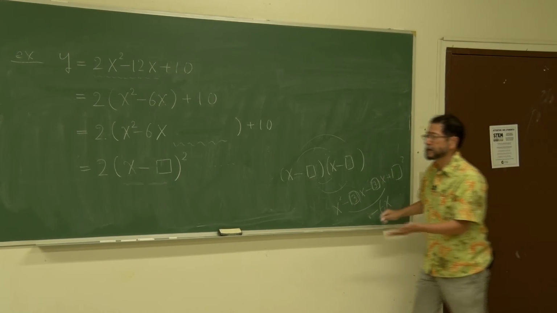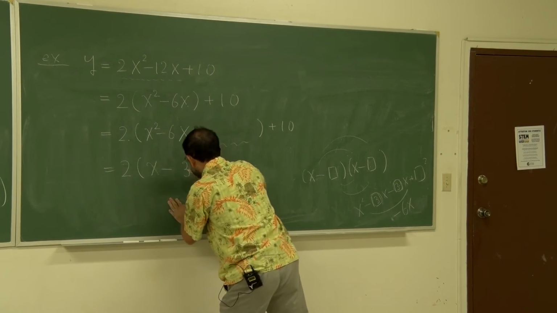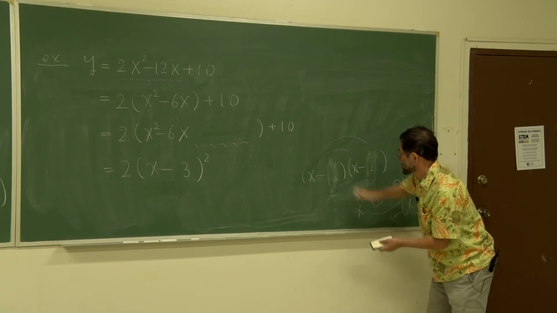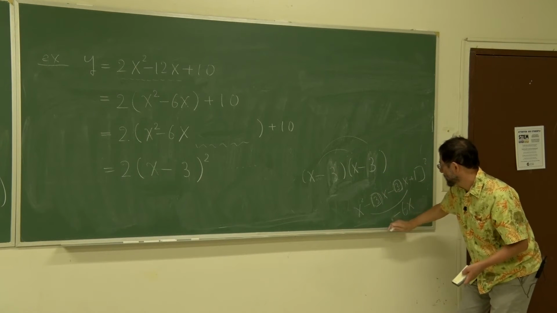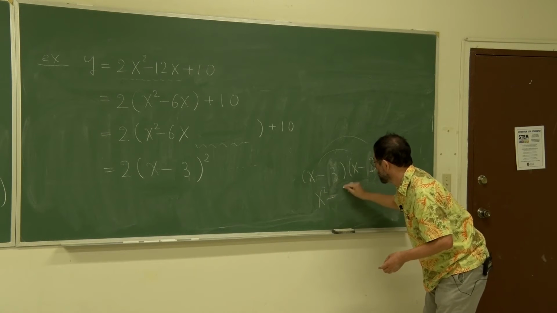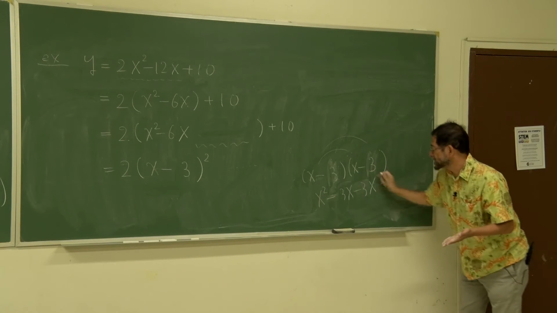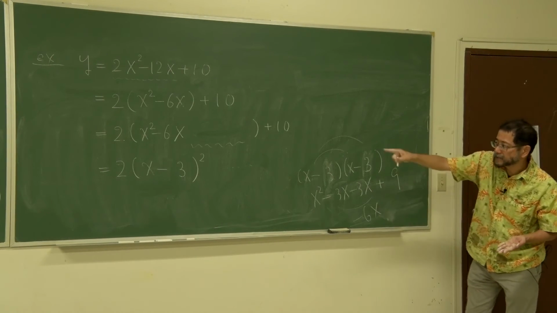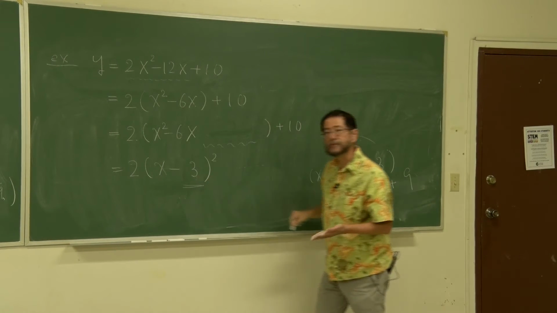Let me check: x squared minus 3x minus 3x plus 3 squared, which is 9. Together I get negative 6x.